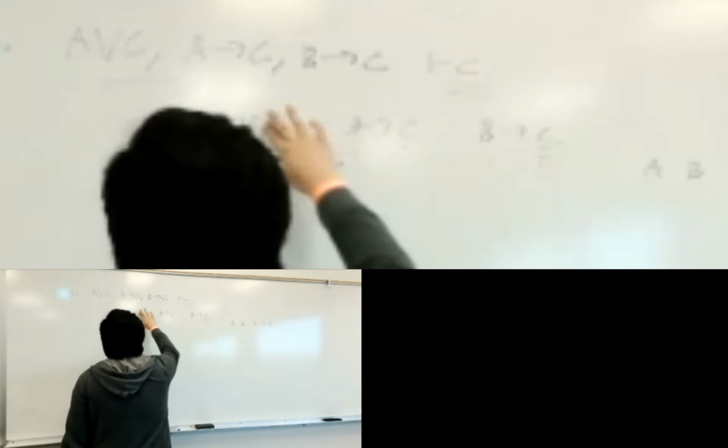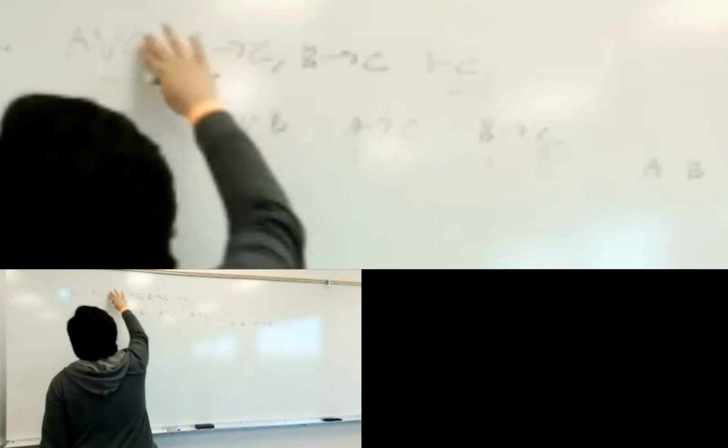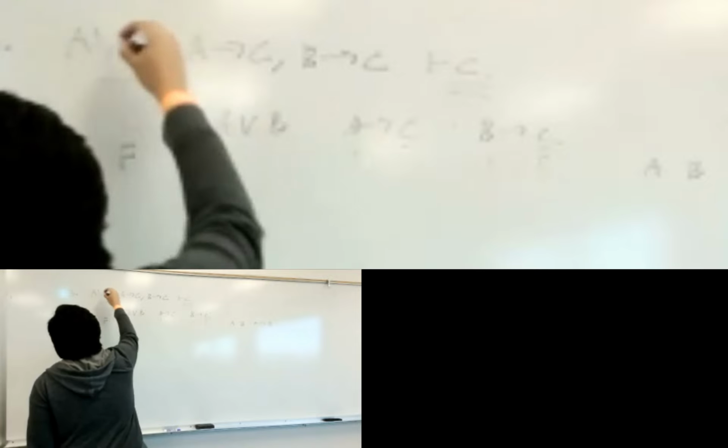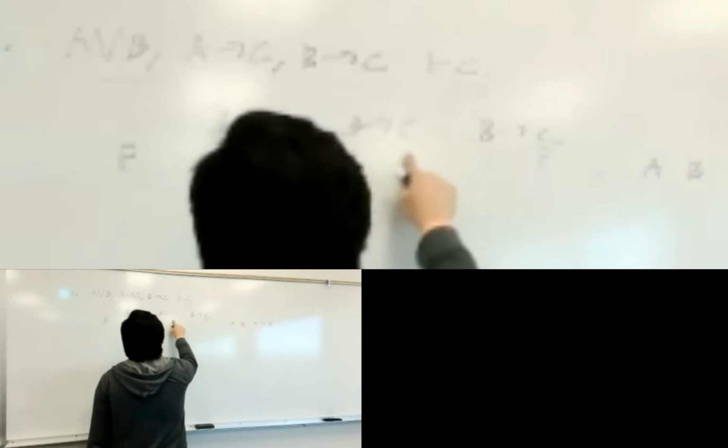Oh yeah, if they're going to be true, then A and B, then A or B should be false. Yeah, they both have to be false.